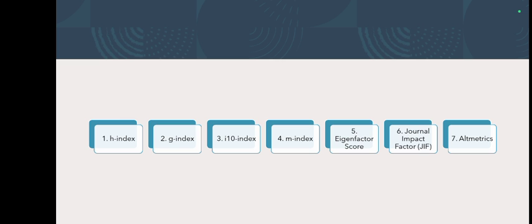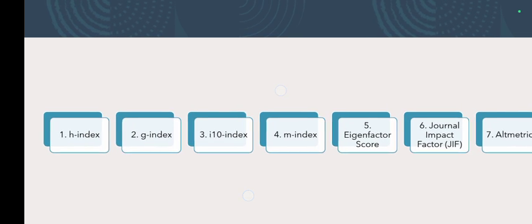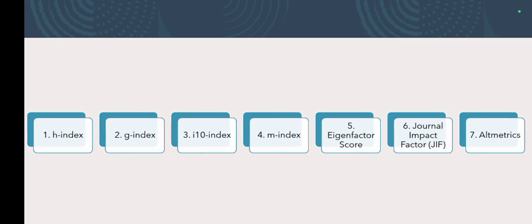Coming to the next ones: I10 index, M index, eigenfactor score, journal impact factor, and altmetrics. In the I10 index, it counts how many publications of an author have got 10 citations. If an author has 50 publications and only two have 10 citations, his I10 index becomes 2 only, though he has published 50 papers.